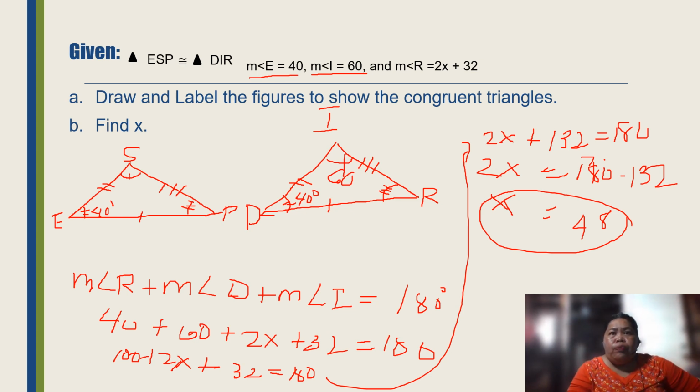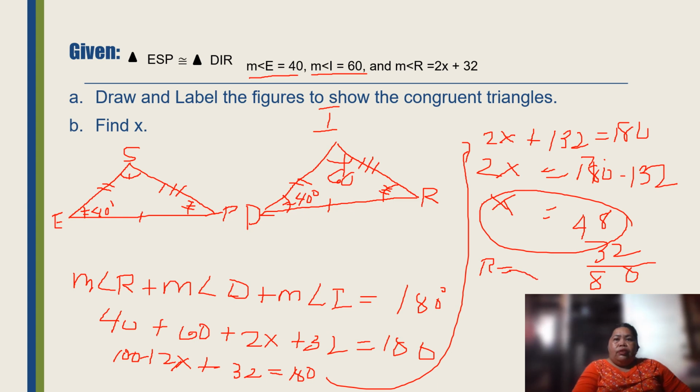Now if we are going to find R, that's 48 plus 32, we got 80. It's true because 100 plus 80 is equal to 180 degrees. So these are now correct.